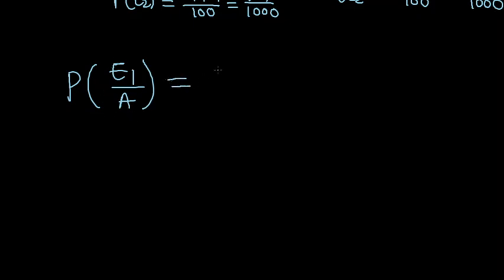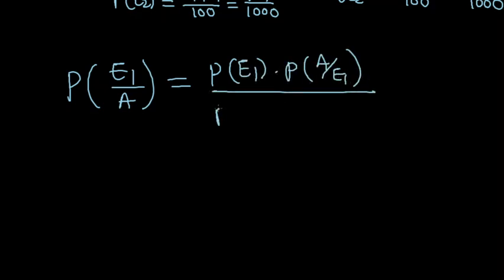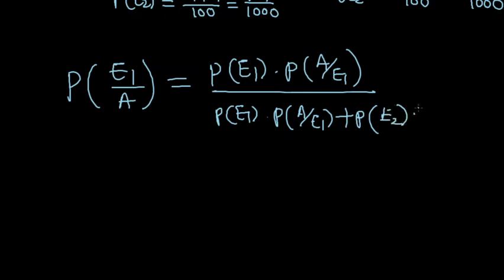According to the Bayes theorem, it is P of E1 into P of A by E1, divided by P of E1 into P of A by E1 plus P of E2 into P of A by E2.